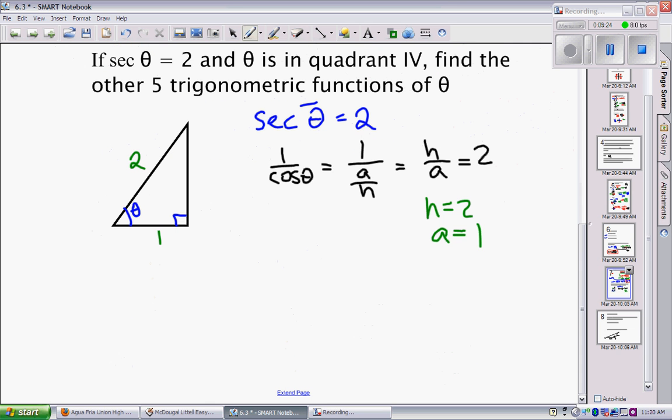Using the Pythagorean theorem, 1 squared plus opposite squared equals 2 squared, so 2 squared is 4, minus the 1, square root it, that gives you root 3. So we now have our triangle.